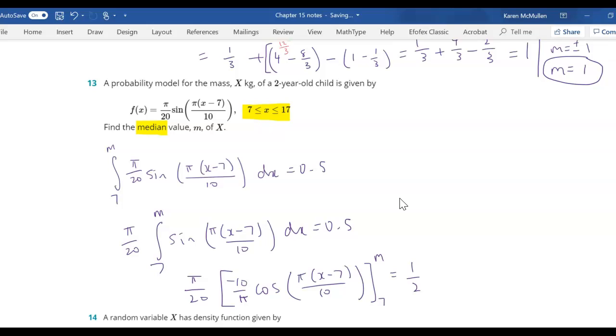Let's substitute in m first. So we've got negative 10 on pi cos of pi m on 10, because we've got that m.